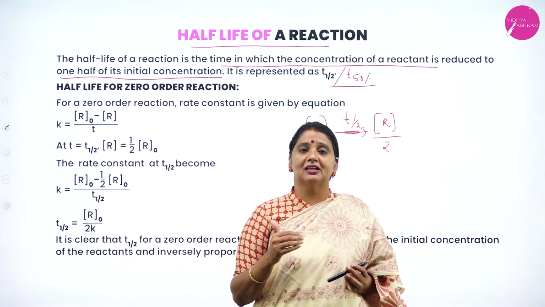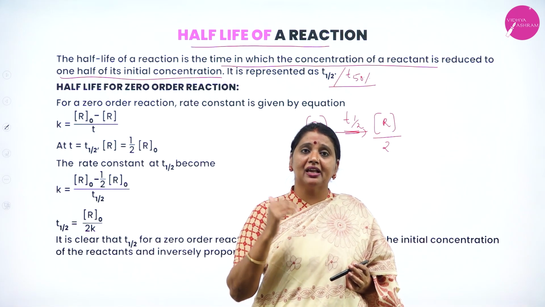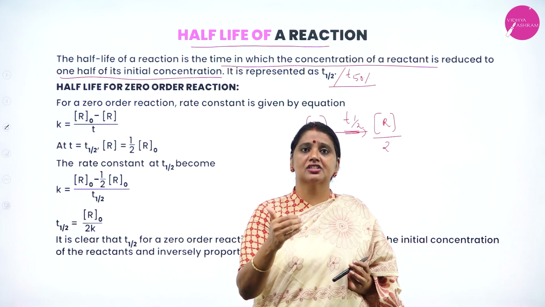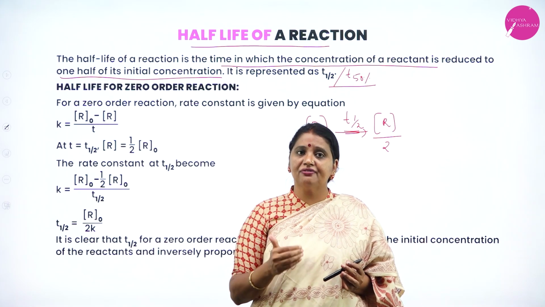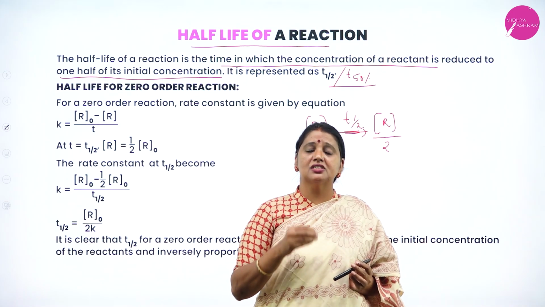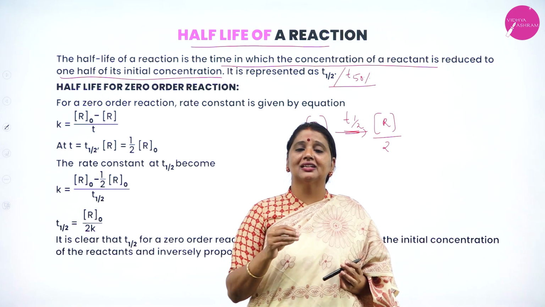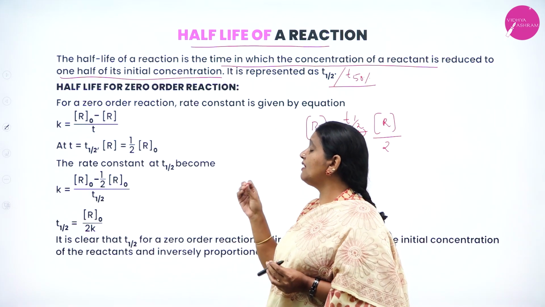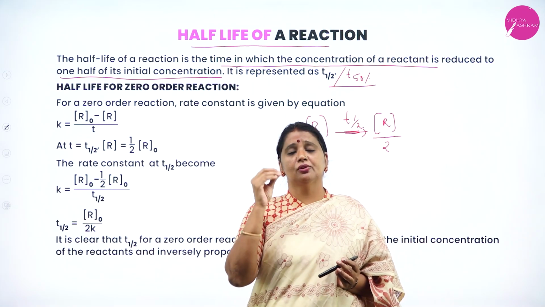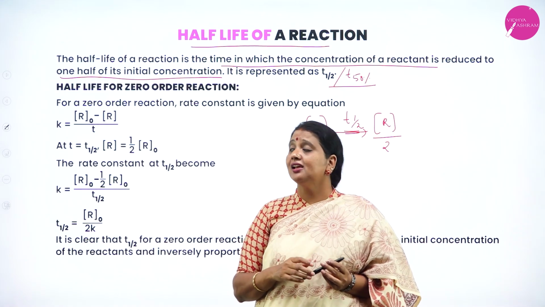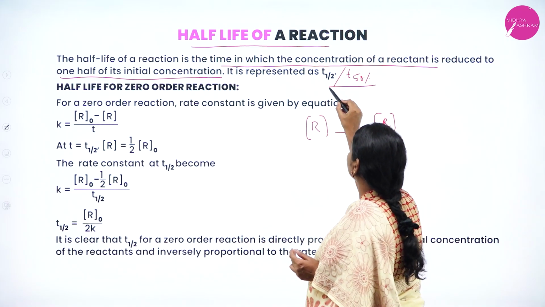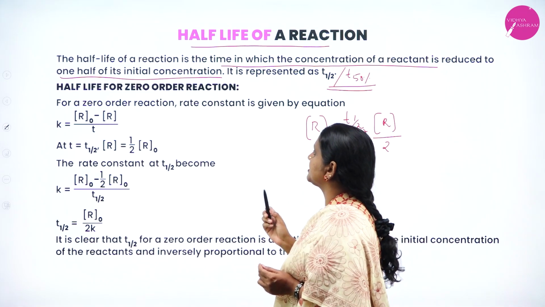Half-life period of a chemical reaction is defined as the time taken to complete half of the reaction, or time in which the molar concentration of the reactant is reduced to 1/2 of its initial concentration. It is denoted by T half or T 50%.